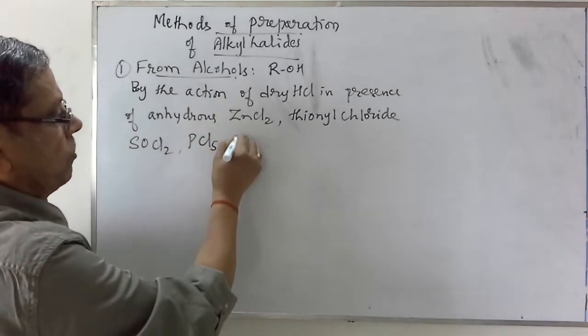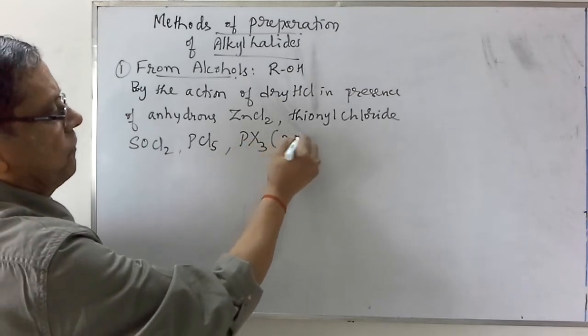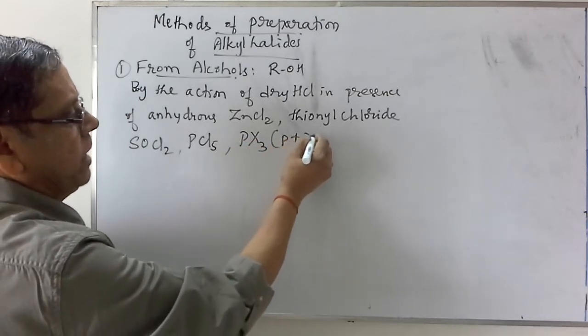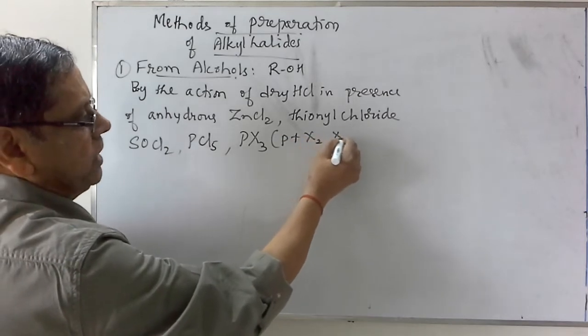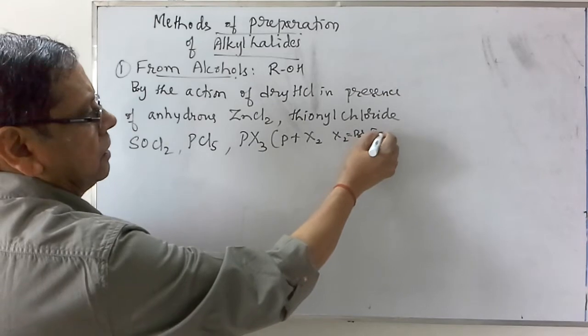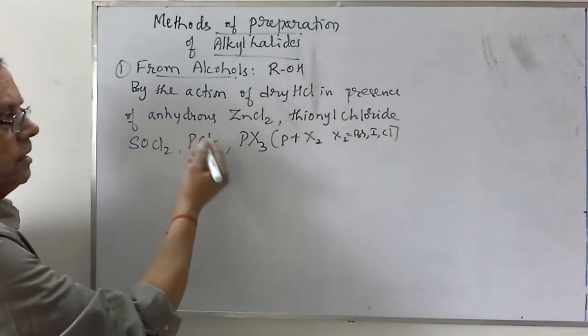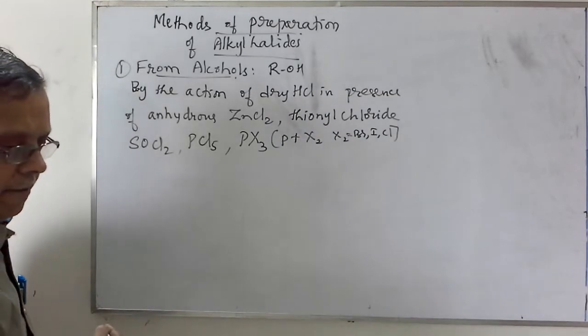Then we have phosphorus trihalide. Either you use phosphorus trihalide or phosphorus and halogen, where halogen is either bromine, iodine or chlorine. So like this we can convert.